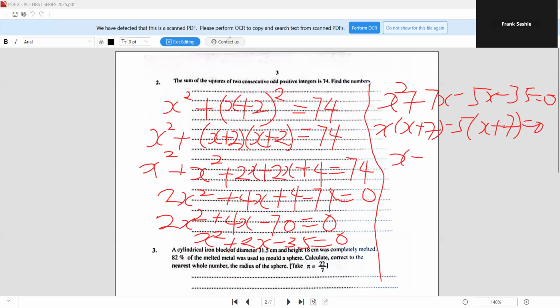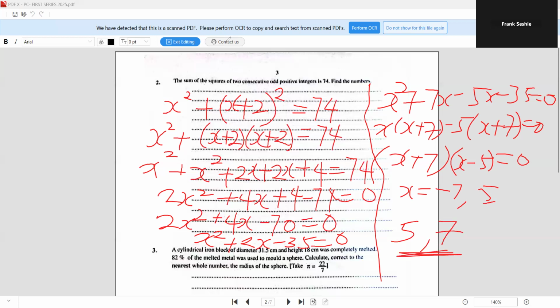I have x plus 7 as a common term here, and I have x minus 5, and that should be equal to 0. So x should be negative 7 or 5. Once the numbers are positive, x should be 5. So I'm going to have 5 as the first one, and 5 plus 2, 7, as the second one. So the two odd numbers here are 5 and 7.